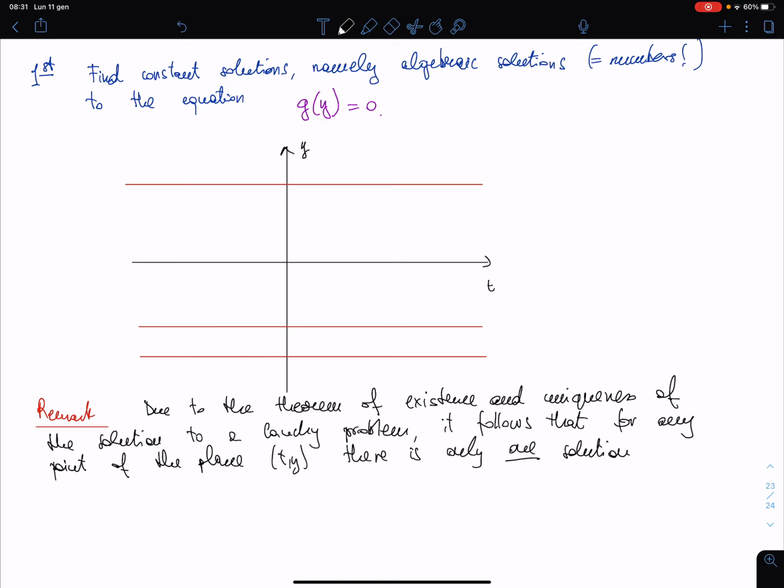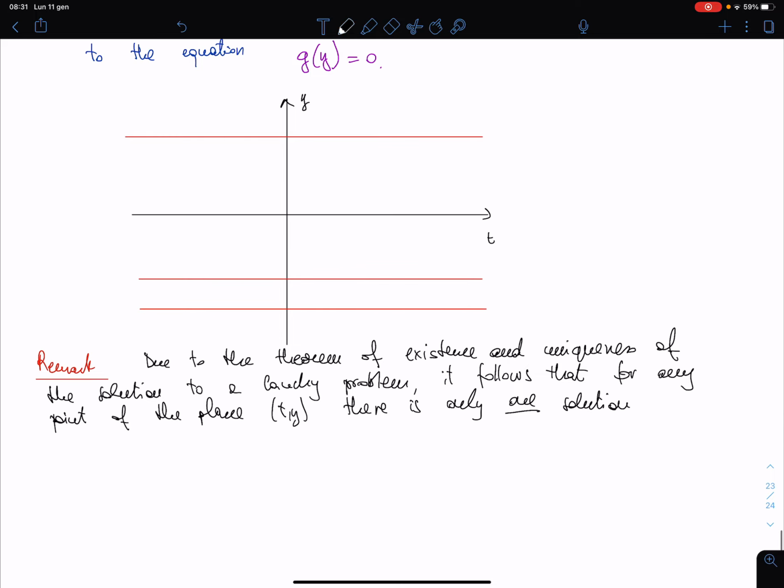For every point there is only one solution. This is extremely important, because if two solutions would cross at the point where they cross, they should solve the same Cauchy problem, okay? Because every point is an initial datum for first order differential equations, okay?